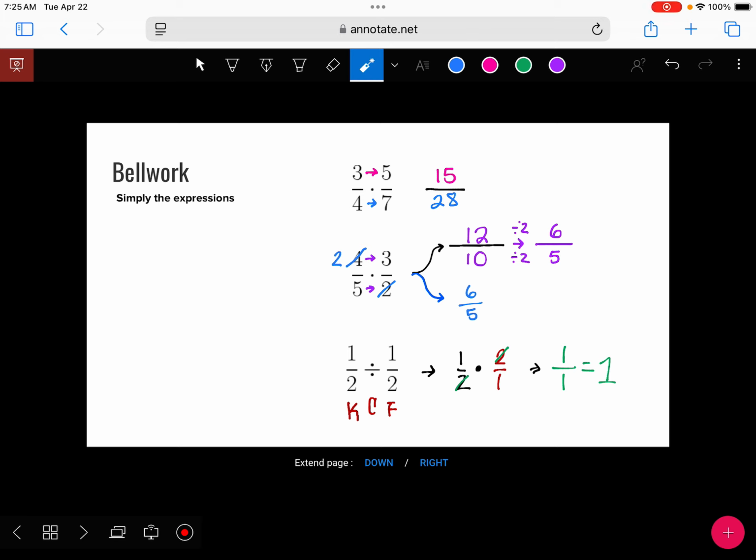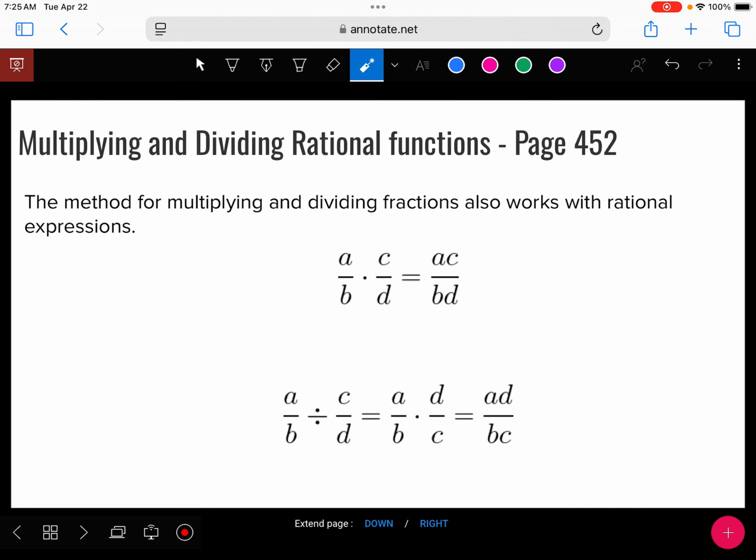So let's take a look in our note packet on page 5. It has one of these up at the top. That page 452 is a reference to the textbook, which we use. So when we're looking at multiplying and dividing, this set of images here is 100% what we just did in the bell work.